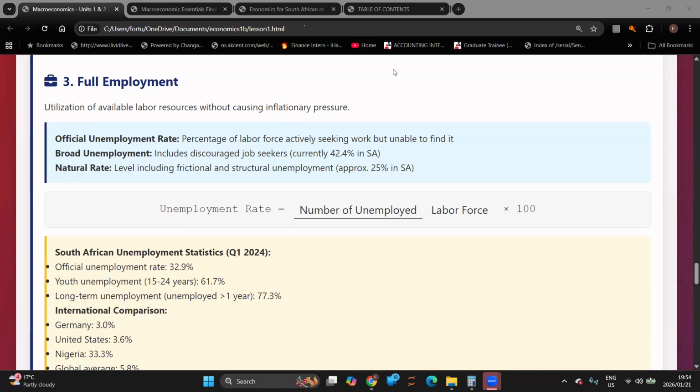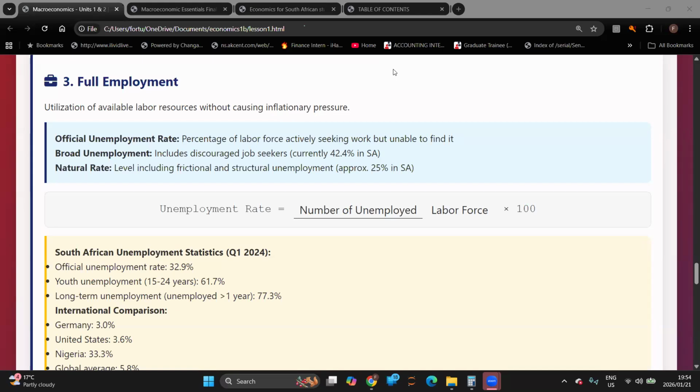So that is indicative of a situation where you have, from a broader perspective, I think close to 40% of the active population unemployed. So that means that of the individuals that are economically active, 40% of them do not have access to employment.